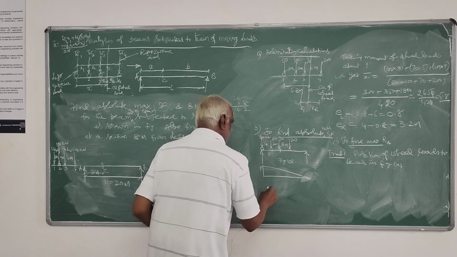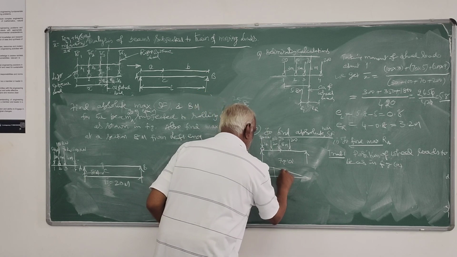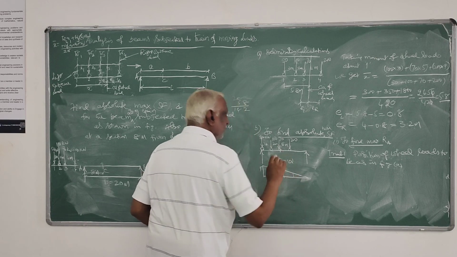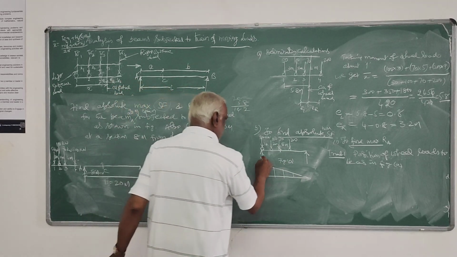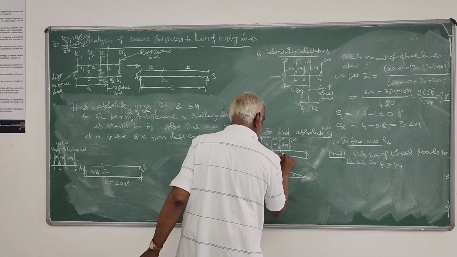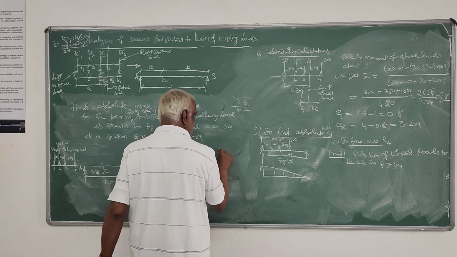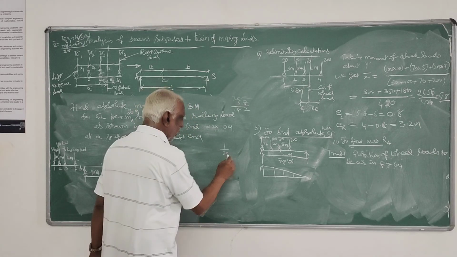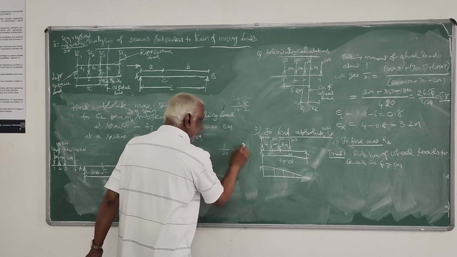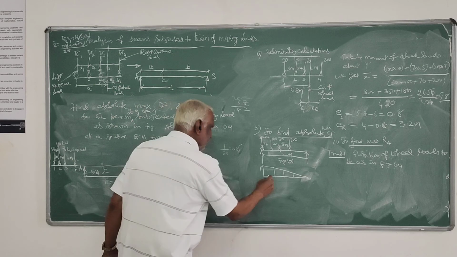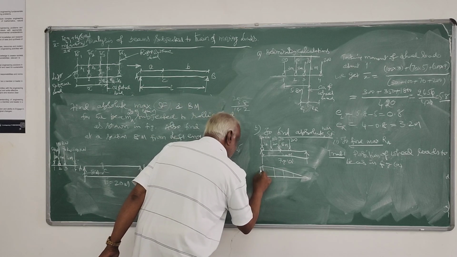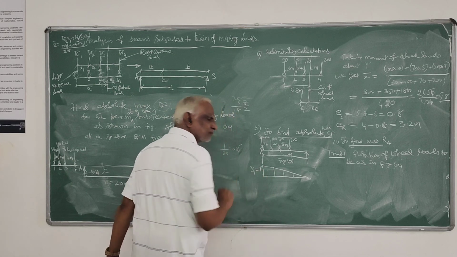This is 1. So we have to find out what this, this and this are. This length is 20 meters, right? If you go a length of 20 meters, the ordinate is 1. 1 by 20 means it is 0.05.